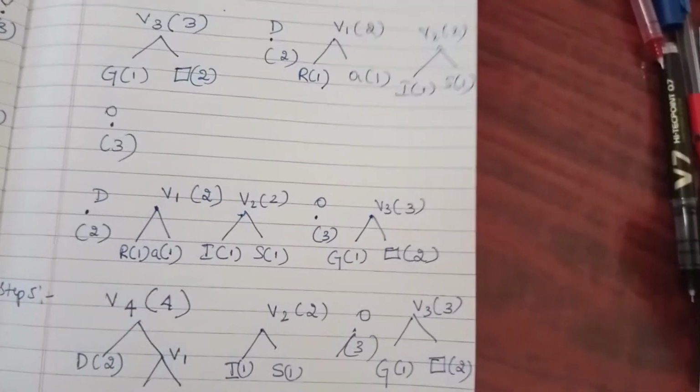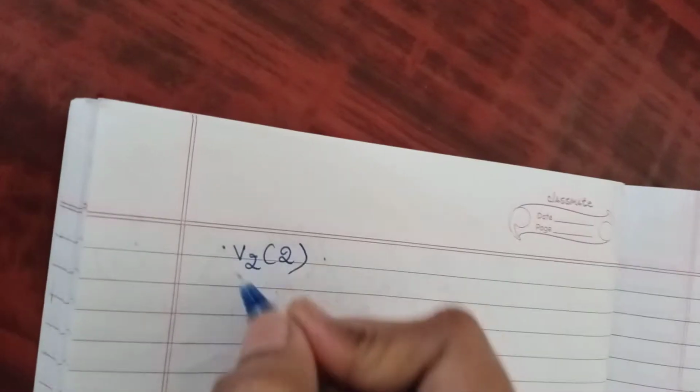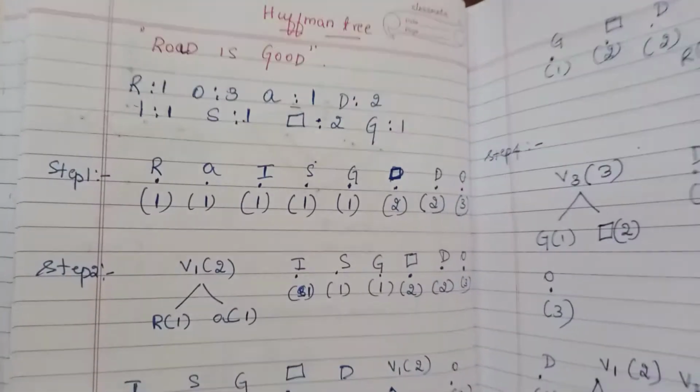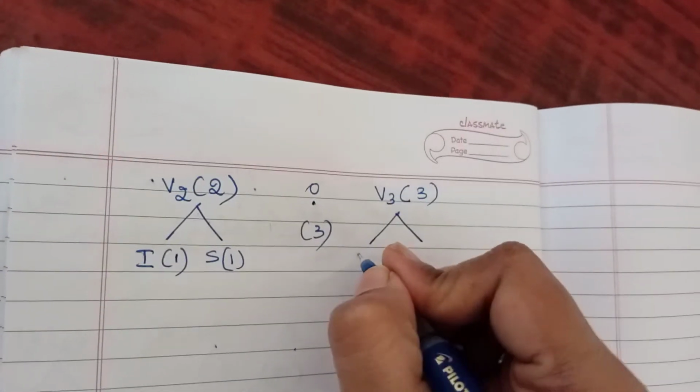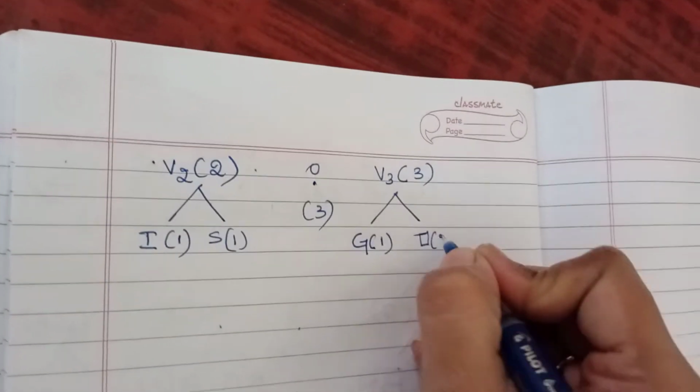Okay, so is it in ascending order? No, so arrange them in an ascending order. So V2 comes first, V2 of 2, I and S, next O comes next, O of 3, next V3 comes next, that is V3 of G of 1 and blank space of 2.